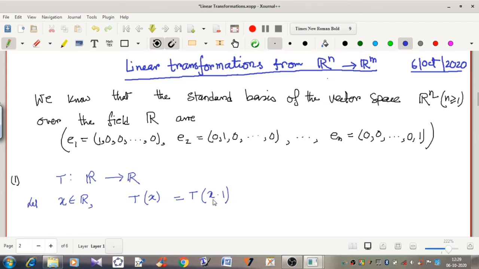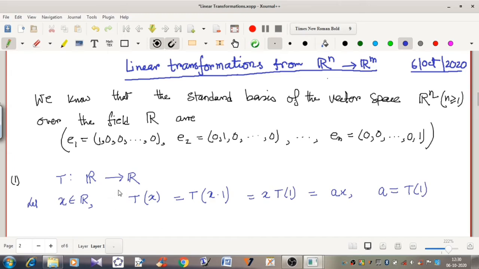So here this x is a scalar quantity, and since T is a linear transformation, we can write it as x into T of 1. If we call T1 as A, then Tx looks like Ax, where A is nothing but T1.